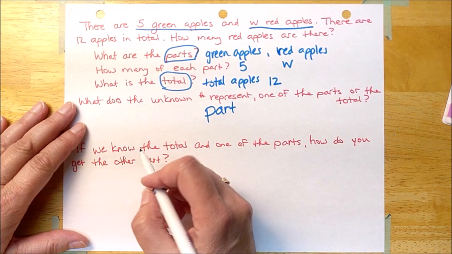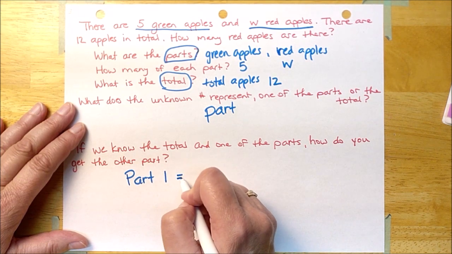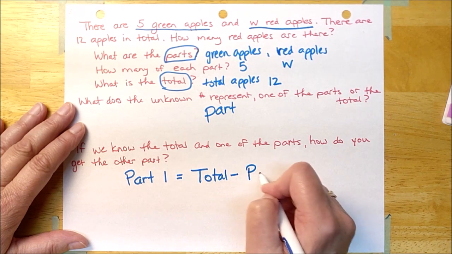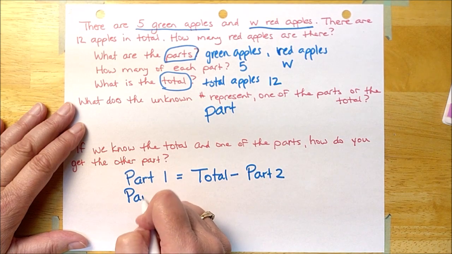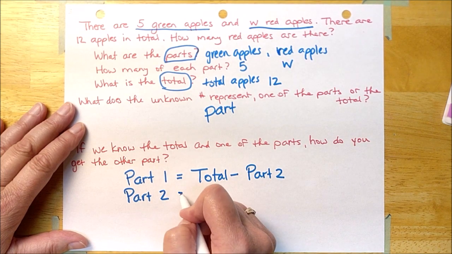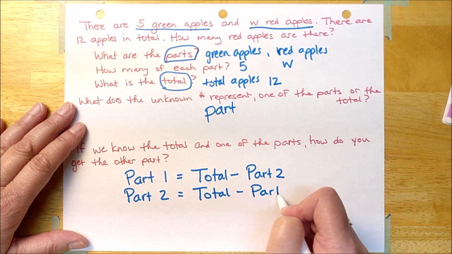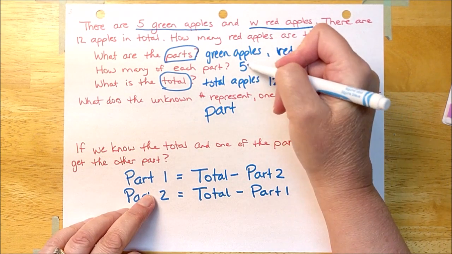So what we're going to do is say part 1 equals total minus part 2, or we could say part 2 equals total minus part 1. If I was to put that on the board, I would say that part 1 would be 5.